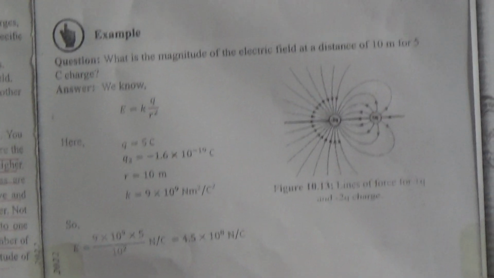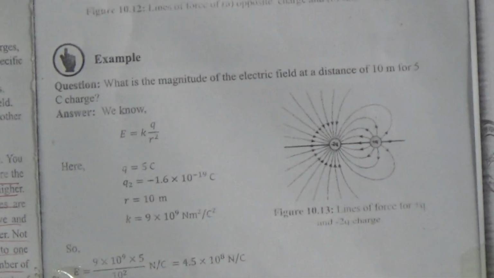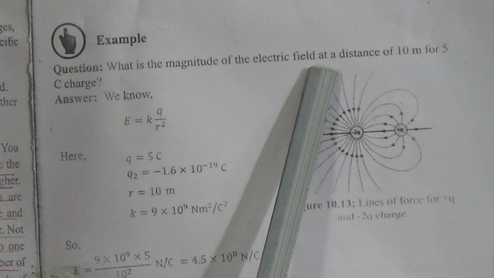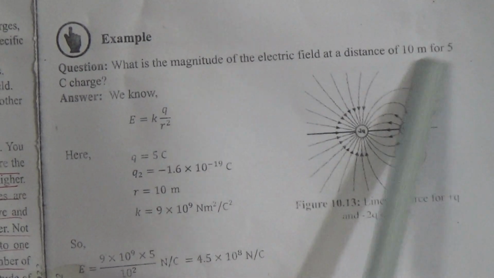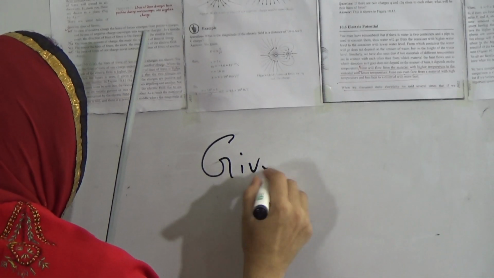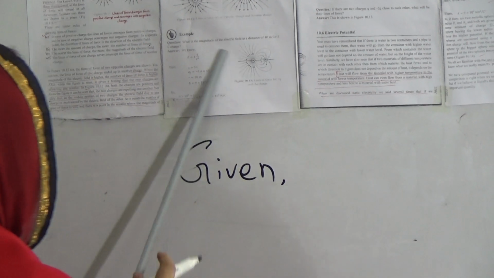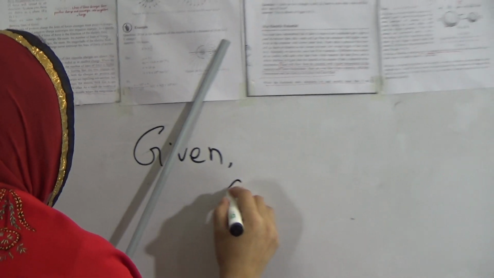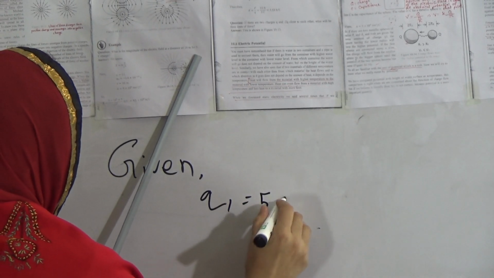Now we will solve a mathematical problem. See here, question number 1: what is the magnitude of the electric field at a distance of 10 meters from a 5 coulomb charge? My dear students, here we are given a 5 coulomb charge, charge Q1 equals 5 coulomb.